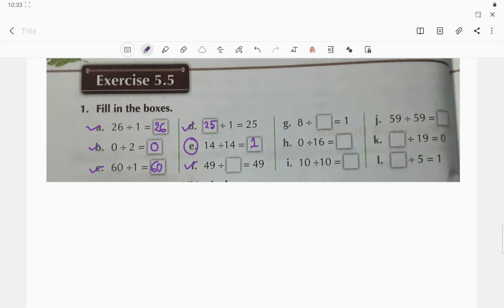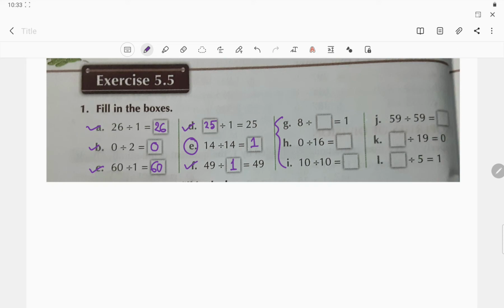So what you divide 49 by, that you will get the number itself? Obviously it will be 1, right?